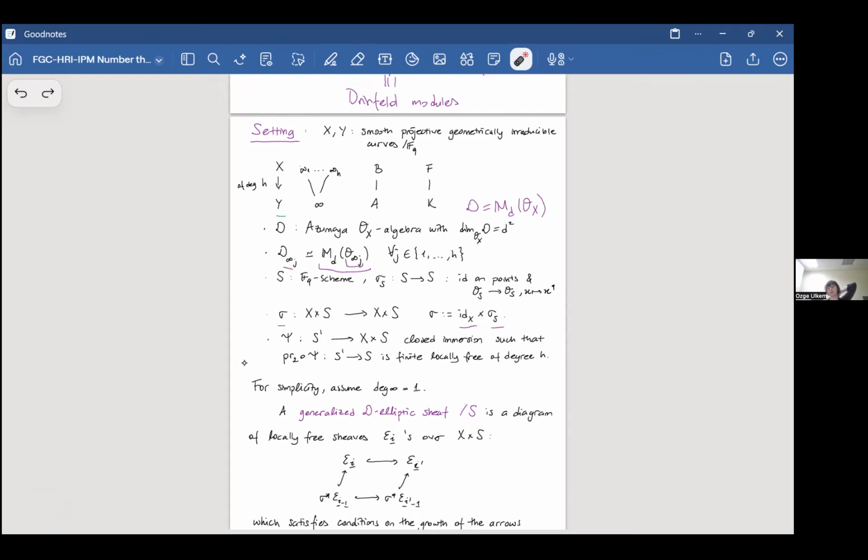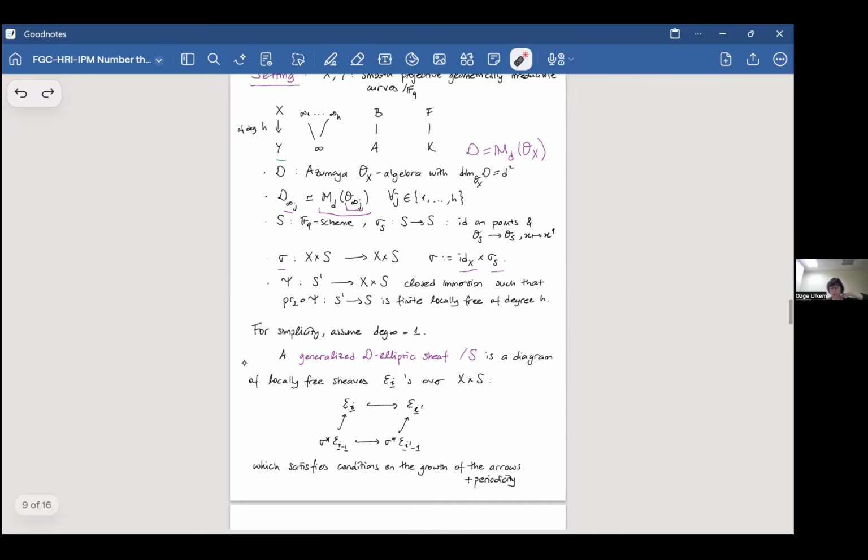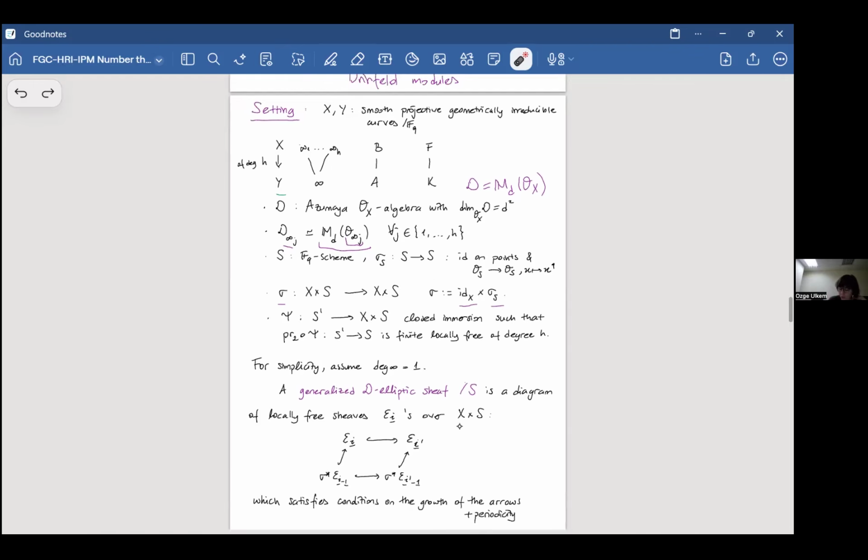Again, a generalized D-elliptic sheaf is a diagram of locally free sheaves over X times S, such a diagram which has conditions on the growth of the morphisms, and we have periodicity. Here, one difference is that we have an underlined i, it is i_1 through i_h, an element of Z to the h instead of Z. And you can think of each of these as corresponding to each infinity above.